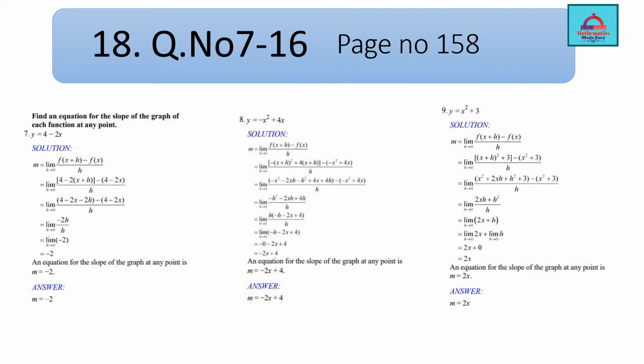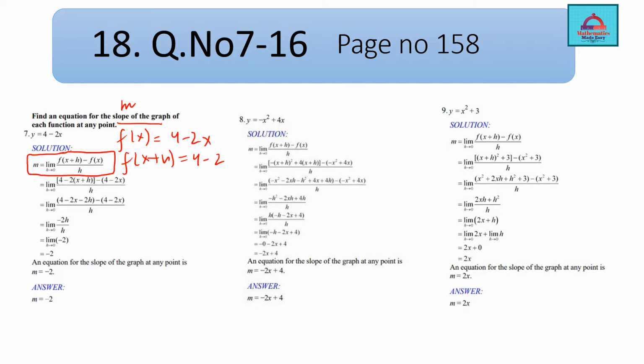Here, as you see, we are using the definition that slope is the limit as h approaches 0 of f of x plus h minus f of x over h. For the difference quotient, you need to find the slope m for each function. So you are going to take f of x as the given function 4 minus 2x, and f of x plus h means you substitute x plus h in place of x.